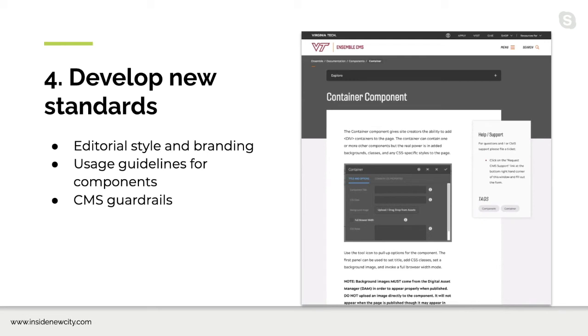So you might already have editorial style and branding standards, but really we find that most of the places people need to add are those usage guidelines for those new components. So after you've got a little bit of time working through the components with different people from different parts of the institution, you can really start to get a good idea of what pieces people want to use and how.